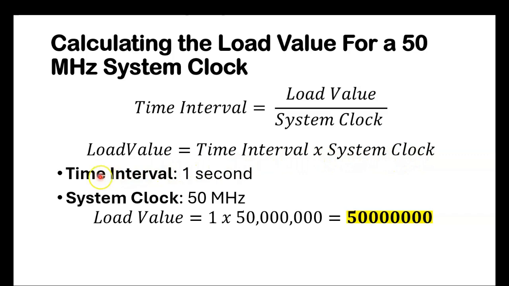The time interval we want for our LED blinking rate is 1 second, and the system clock, as seen earlier, is 50 megahertz. Substituting these values, load value equals 1 multiplied by 50 million, which gives us a load value of 50 million.